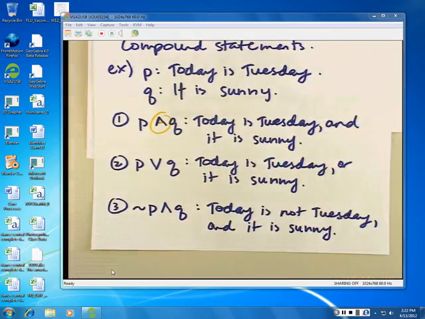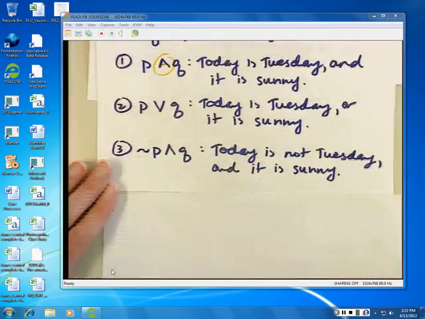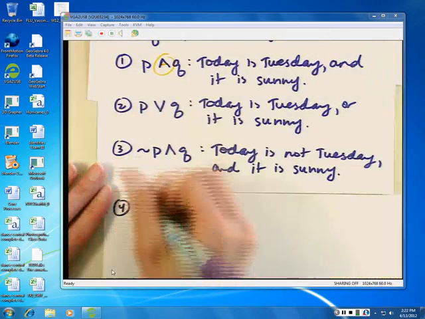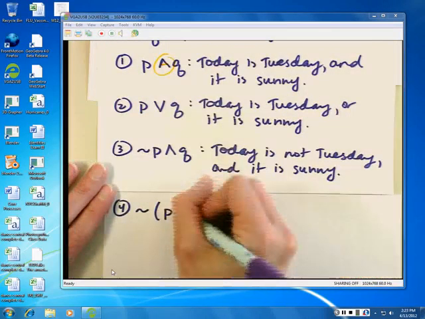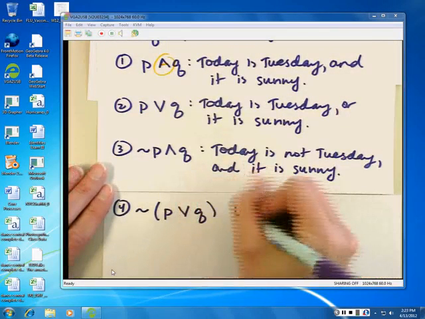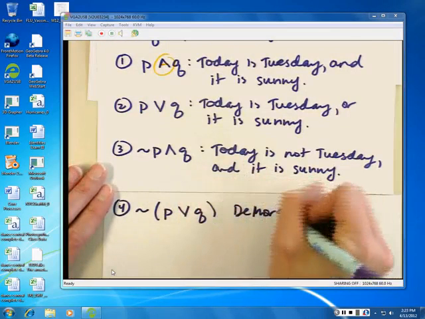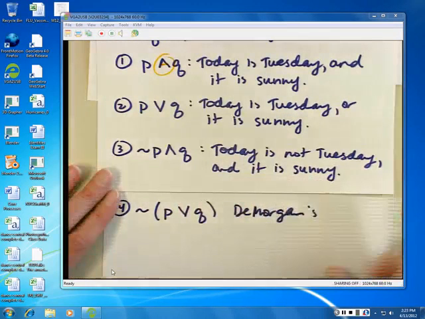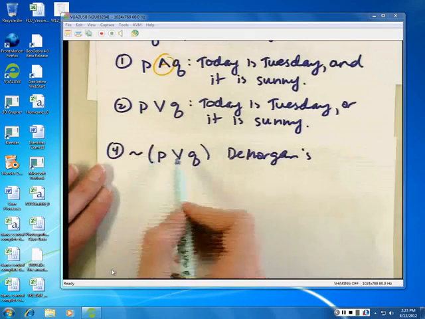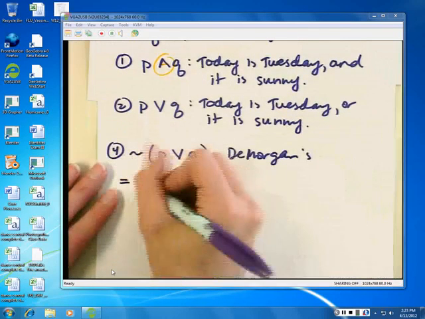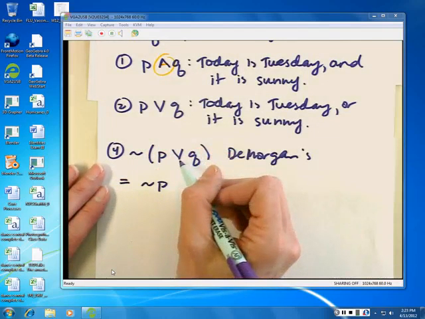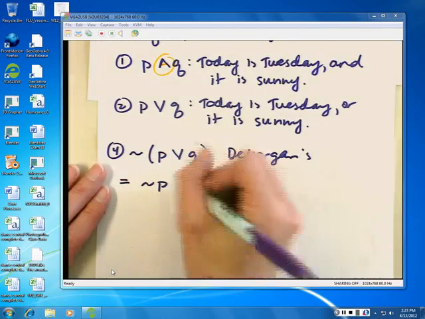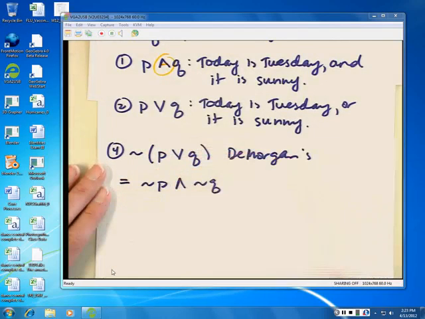Let's put a negation on the outside of the compound statement, number 4. So let's do the negation of P or Q. We're going to use De Morgan's laws. We saw these 2 weeks ago. With De Morgan's laws, I can bring that negation through, and this becomes equal to the statement not P, I negate the connector also, and the or turns into an and, not Q, exactly like the De Morgan's laws that we used for sets.